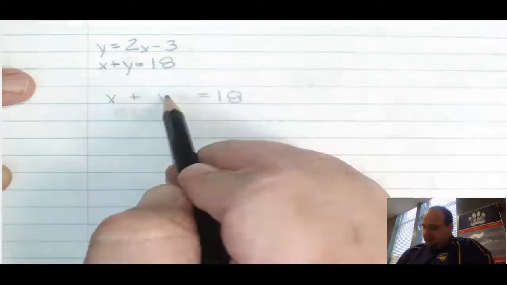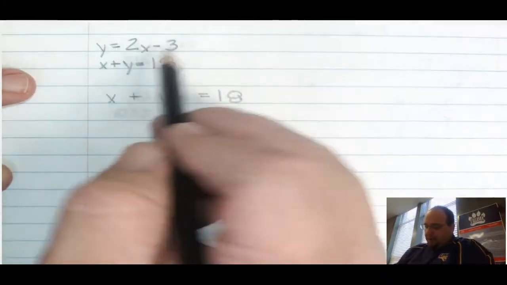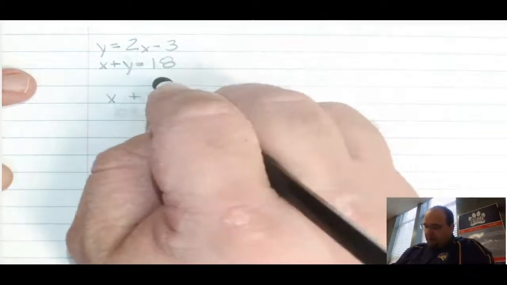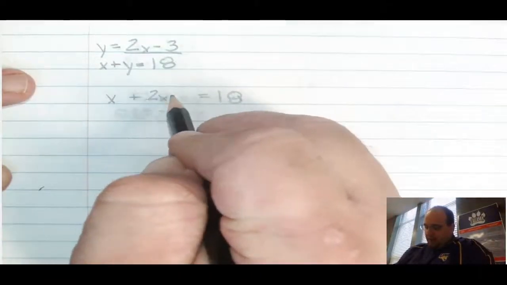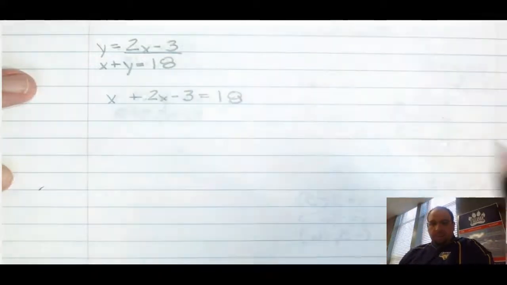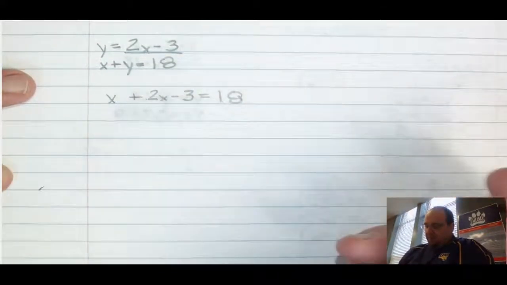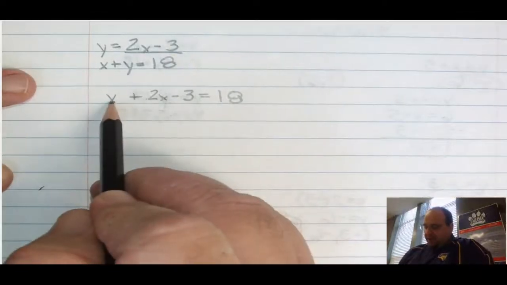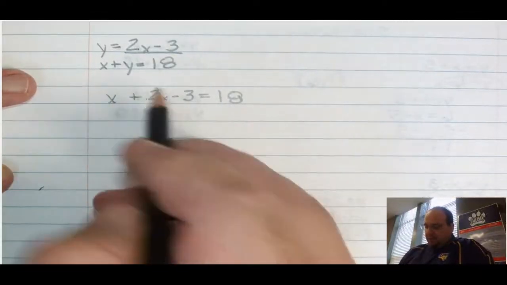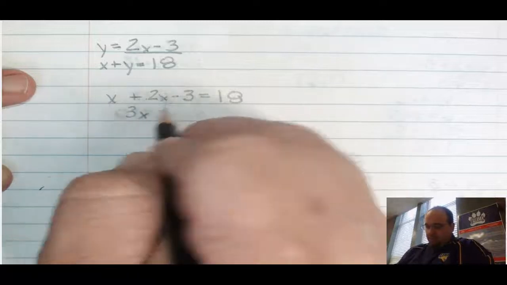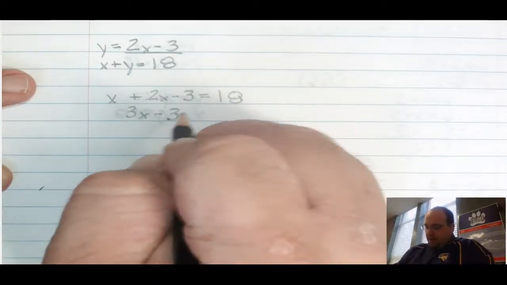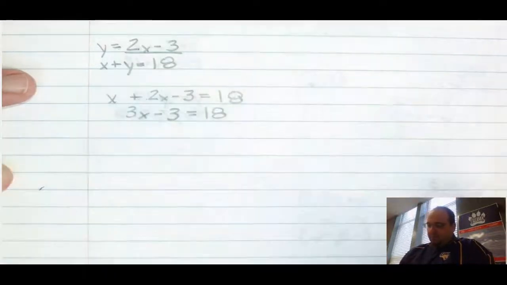In place of y, I'm going to write what y is equal to, which is 2x minus 3. So what I have is x plus 2x minus 3 equals 18. I'm going to combine like terms on the same side, so x plus 2x is 3x. So I have 3x minus 3 equals 18 now.